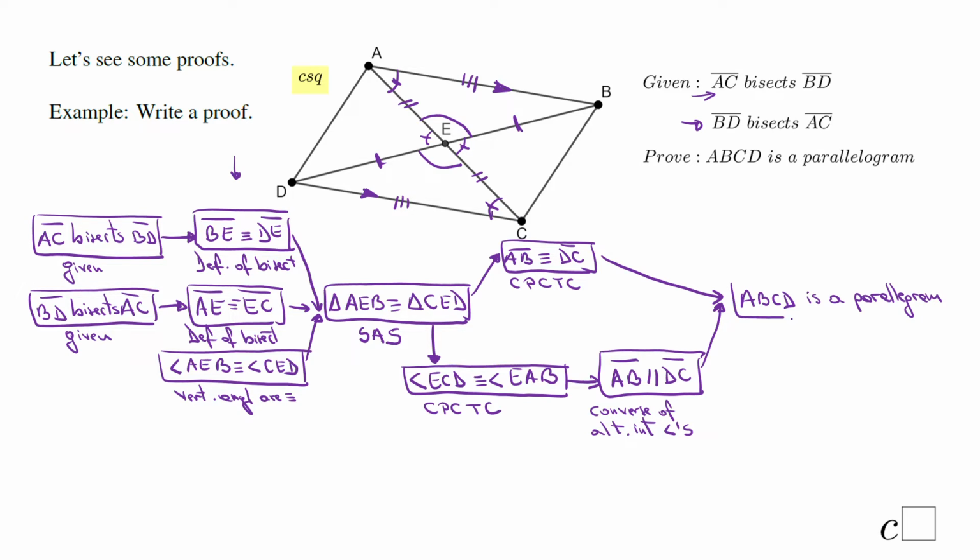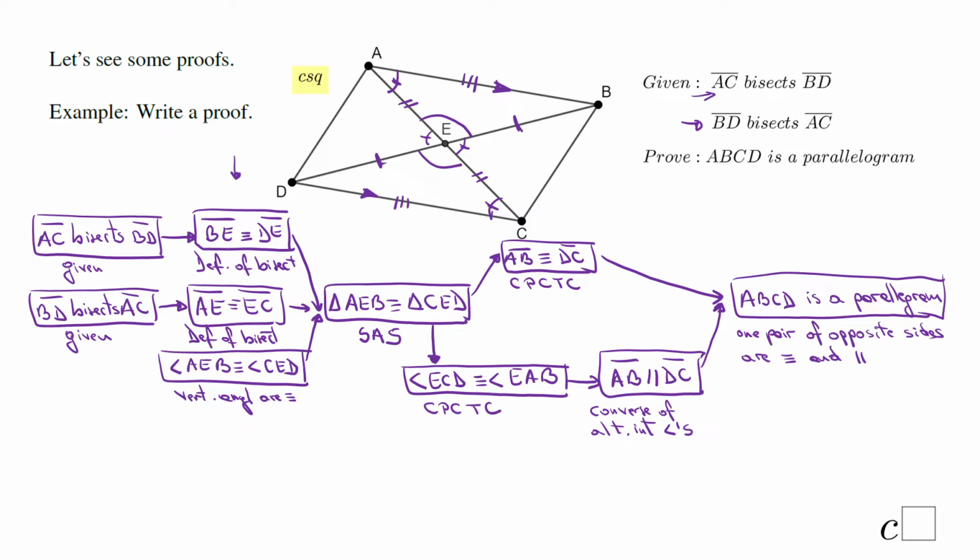And the reason is a theorem we just had at the beginning of this lesson. One pair of opposite sides are congruent and parallel.